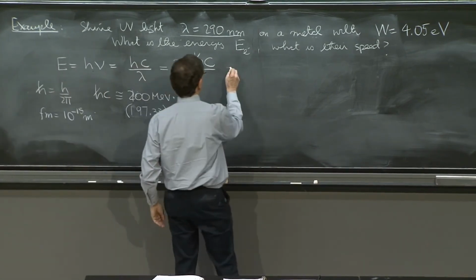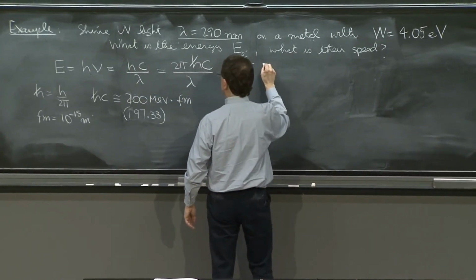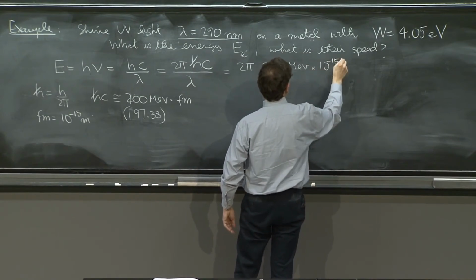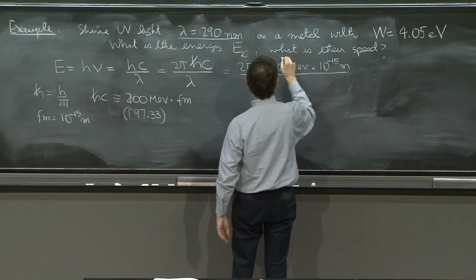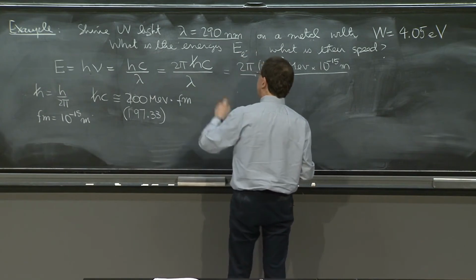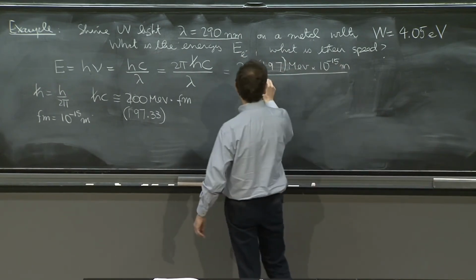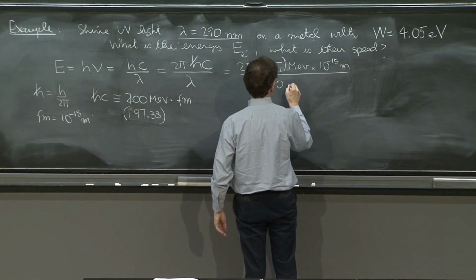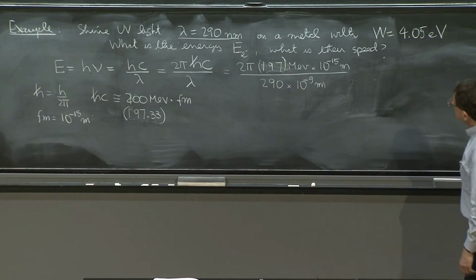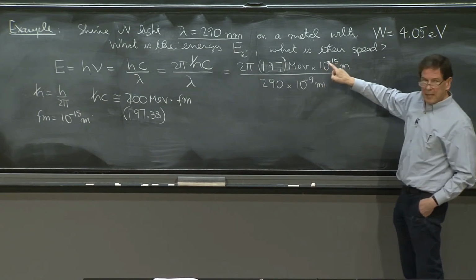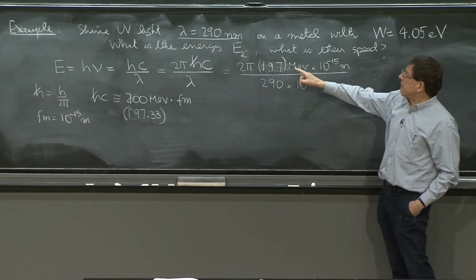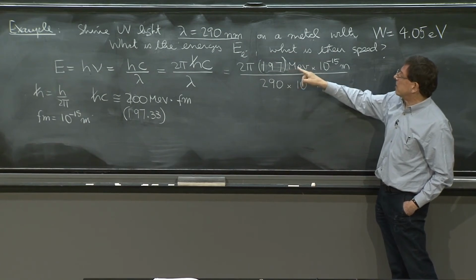So here you have 2 pi times 200 MeV times 10 to the minus 15 meters, I'll put 197 here, divided by lambda, which is 290 nanometers, which is 10 to the minus 9 meters. So 10 to the minus 9 and 10 to the minus 15 gives 10 to the minus 6 up, and this is a million eV, which is 10 to the 6 eV.